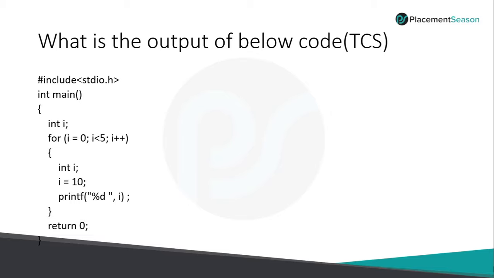I'll give a simple clue: the i declared above the for loop is different from the i declared inside the for loop. To understand why it is printing 10 five times, you need to understand the scope of variables. Try this as a challenge, execute the program in Code Blocks IDE or whatever IDE you have, and identify why it prints 10 five times, and is not going infinite.